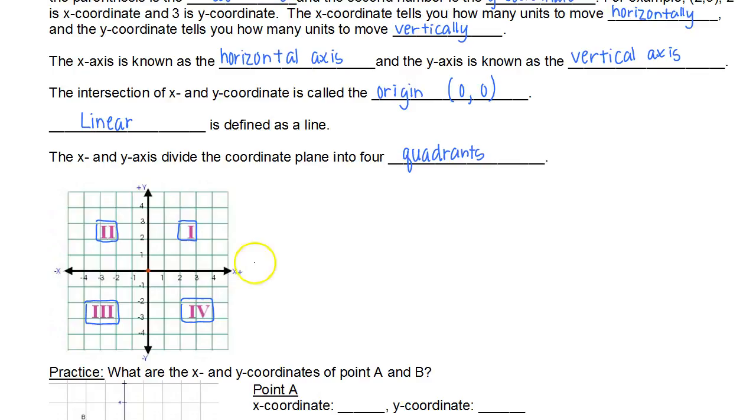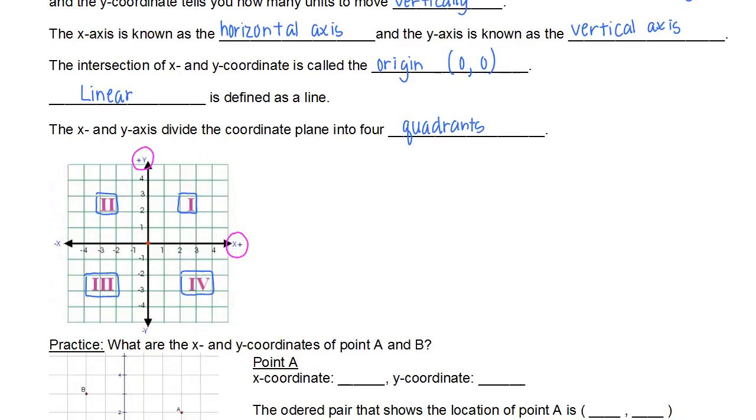Also notice that they have labeled the x-axis as the horizontal axis and the y-axis as the vertical axis. If we look a little more closely at the x-axis, we can see that the positive numbers are to the right of the origin and the negatives are to the left of the origin, as would be expected on a number line. And on the y-axis, the vertical, the positive numbers are above the origin and the negative numbers are below the origin.